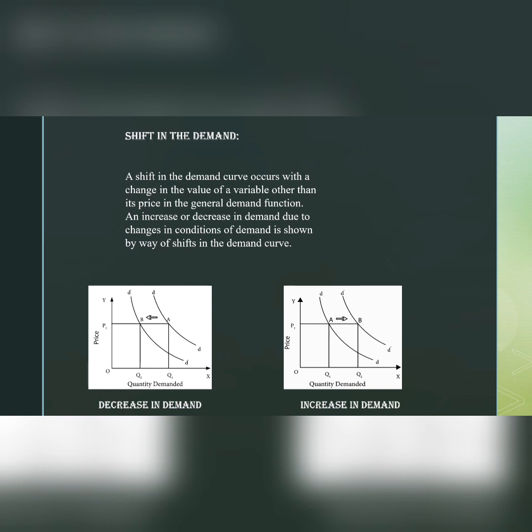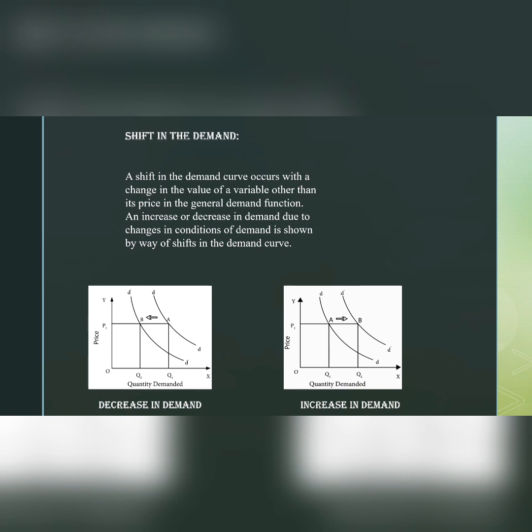So let's see the diagram. In the first diagram, we can see a decrease in demand. The original demand curve is DD. The price is OP1 and the quantity demanded is OQ1.